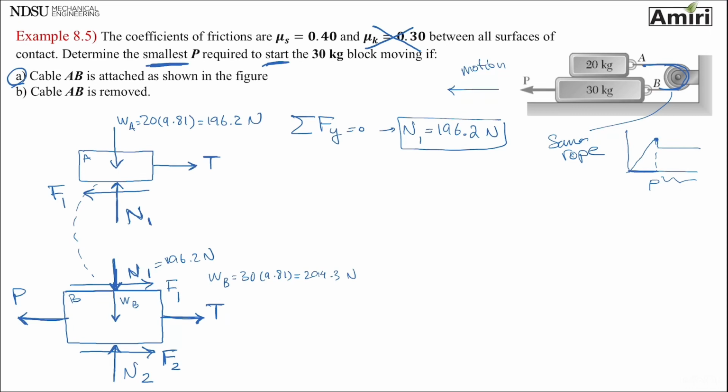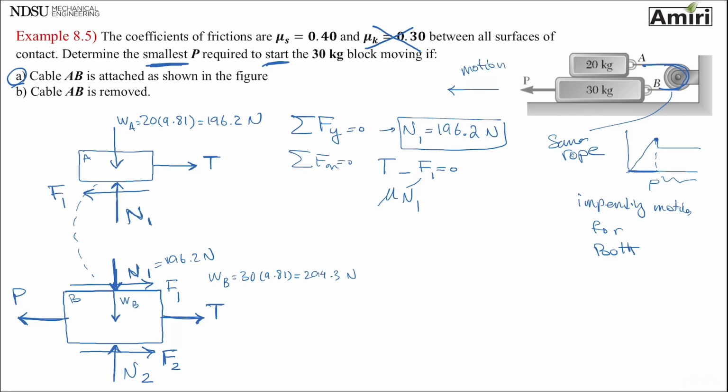Okay. Summation of forces in X being 0. So T minus F1 equals 0. If block B starts moving, block A starts moving too. So it's impending motion for both. So I can say F1 is mu N1.